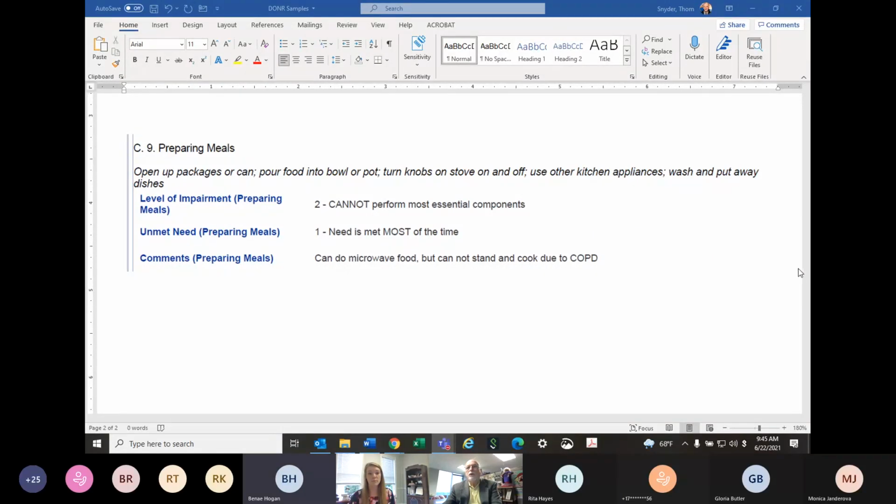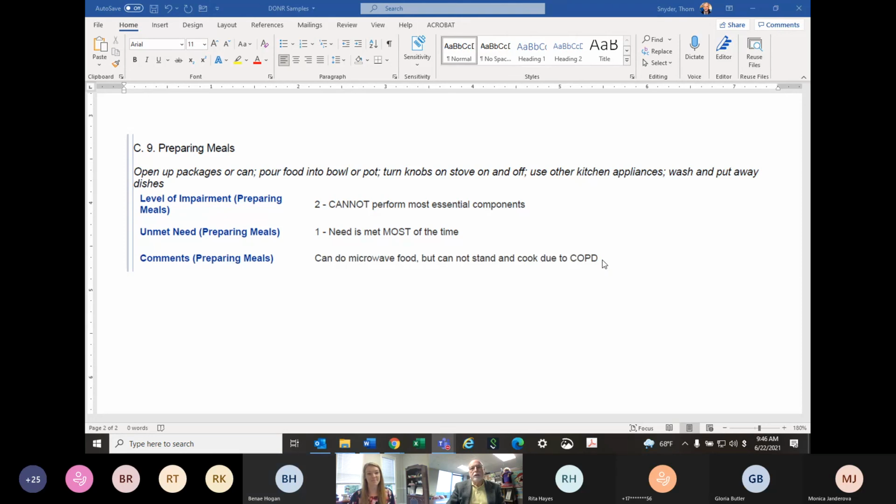There is a comment: I'd want to know what about COPD makes preparing meals difficult, and that's exactly right. The diagnosis in and of itself is not very helpful unless it relates back to those essential components. The other thing is this notion of I can't cook and I can't prepare a meal unless I'm standing up.